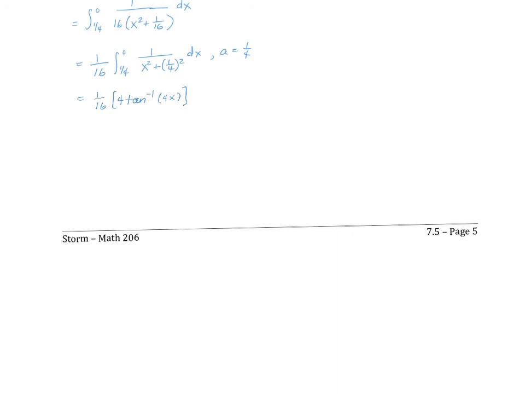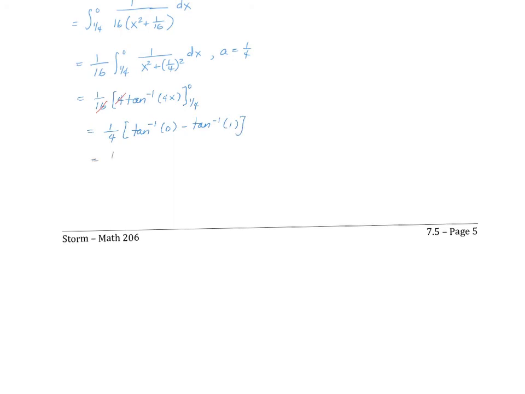And I'm evaluating this from upper limit 0, lower limit 1/4. So hopefully you could see that the 4 over 16 just becomes 1/4. So this is 1/4 tangent inverse of 0 minus tangent inverse of 1.